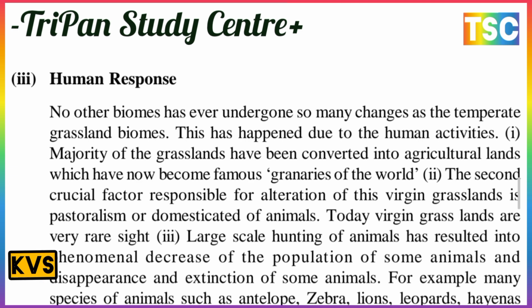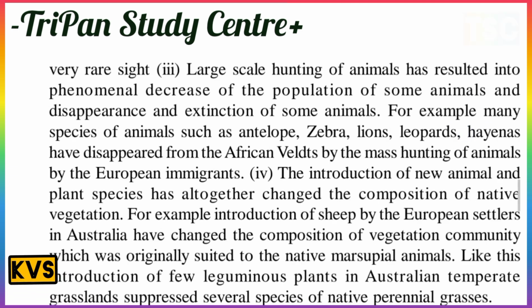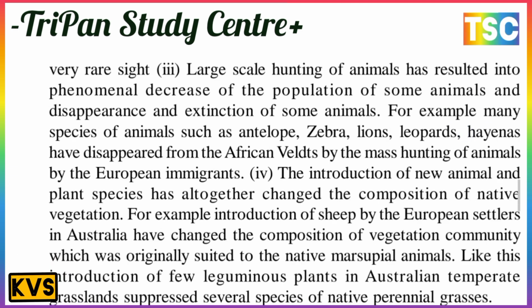For example, many species of animals such as antelopes, zebra, leopards and hyenas have disappeared from Africa, wiped out by mass hunting by European immigrants. The introduction of new animal and plant species has also altogether changed the composition of native vegetation.